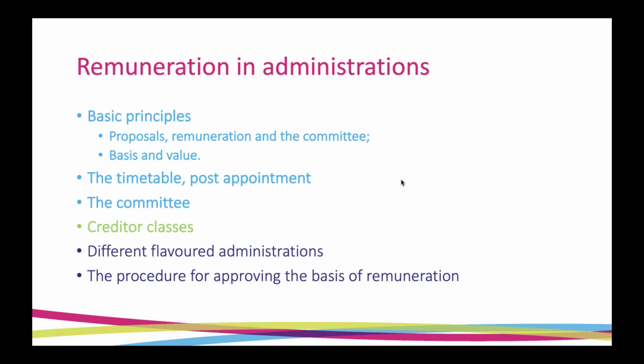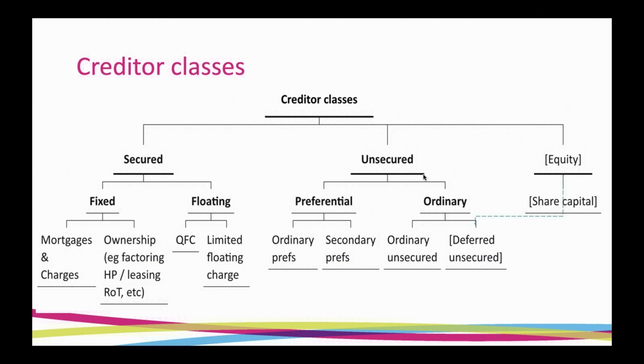So let's move on to look at the different classes of creditors. And there's a couple of points I'd like to make here. First one is the class of secured creditors includes as fixed creditors, creditors who have got rights of ownership of assets. So that would be factoring, hire purchase, leasing, retention of title, and so on.